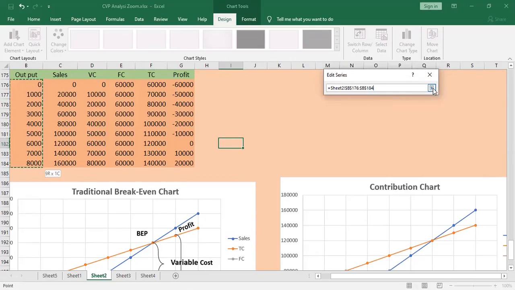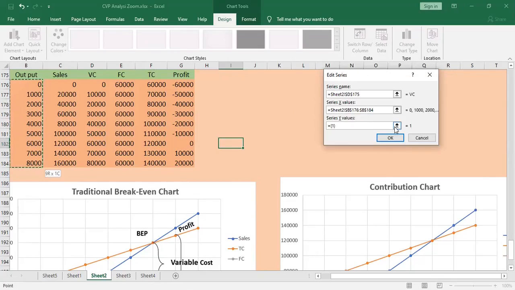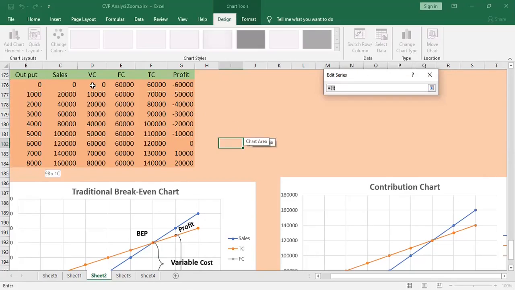So we are not going to put fixed cost. If you put fixed cost, there's no way that we can show contribution on the chart.